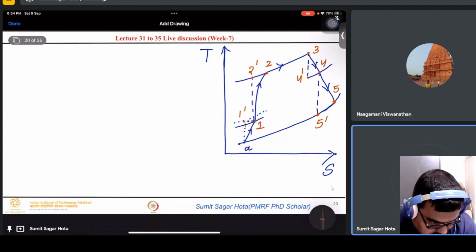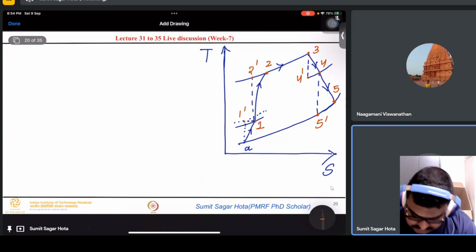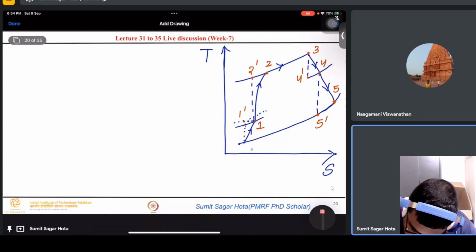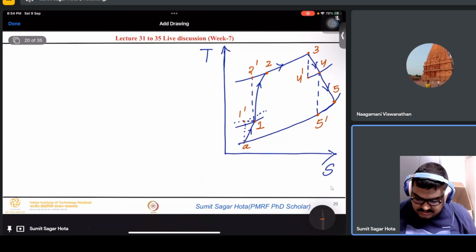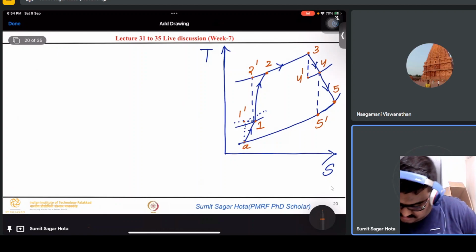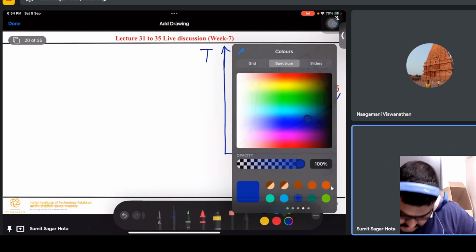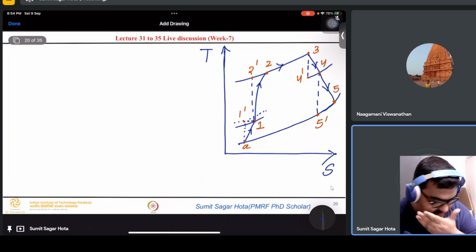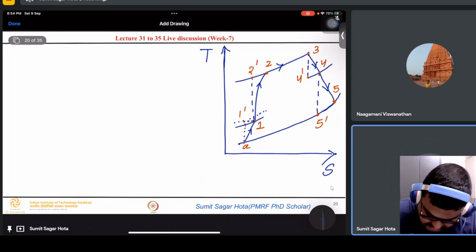Okay, everything I think is named, and this is your ambient. Now our graph is ready. So let's go to the solution.